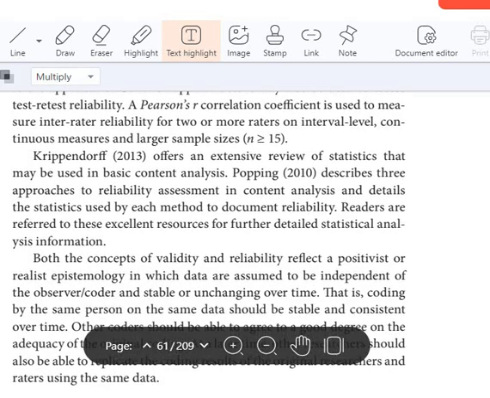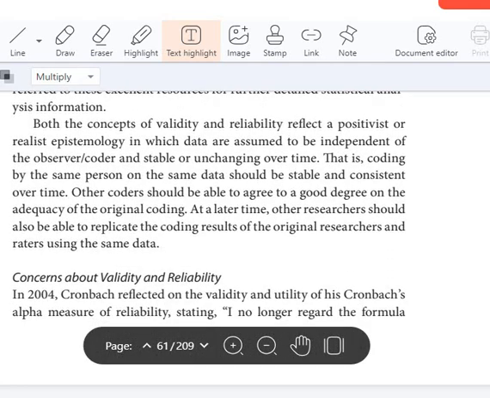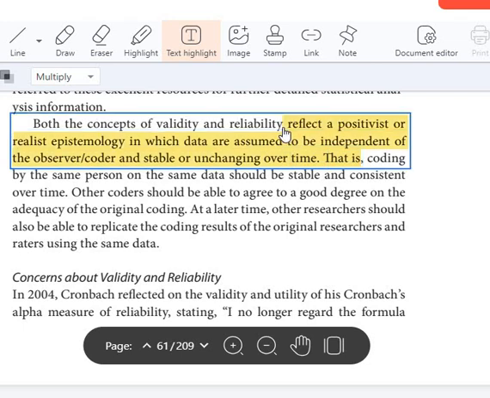Okay, let's move on. Here is more about the concepts of validity and reliability. We should not forget that this is all about positivist or realist epistemology, because we're talking about basic content analysis. When we talk about realist epistemology, data are assumed to be independent of the observer or of the coder, and stable.